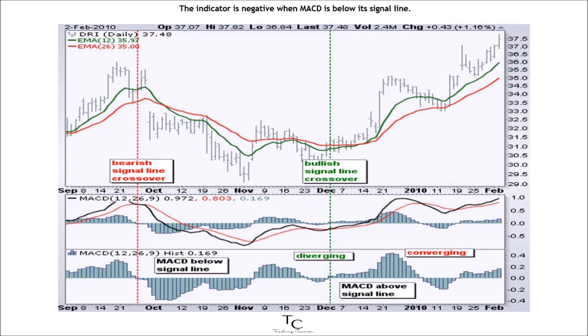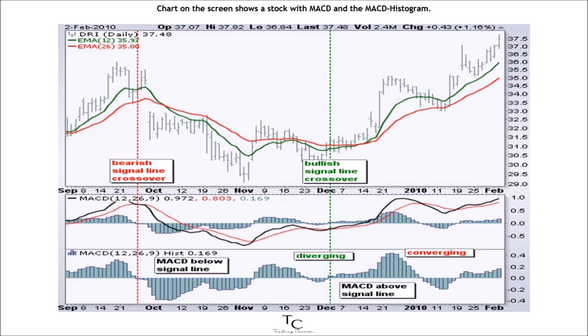The indicator is negative when MACD is below its signal line. Negative values increase as MACD diverges further from its signal line, to the downside. Conversely, negative values decrease as MACD converges on its signal line.